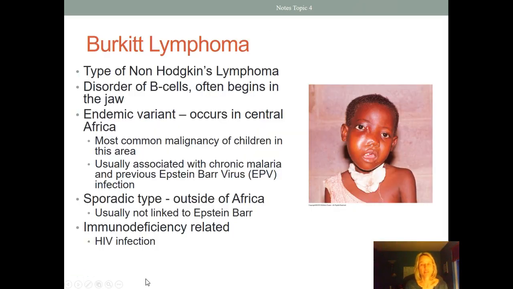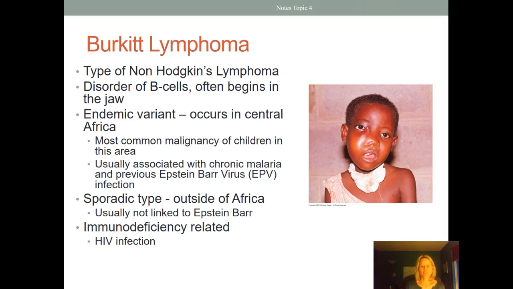Burkitt lymphoma is a type of non-Hodgkin's lymphoma. It is a disorder of malignant B cells that usually begins in the jaw. There are 3 different types. The endemic variant occurs in Central Africa, and this is the most common cancer of children in this area.